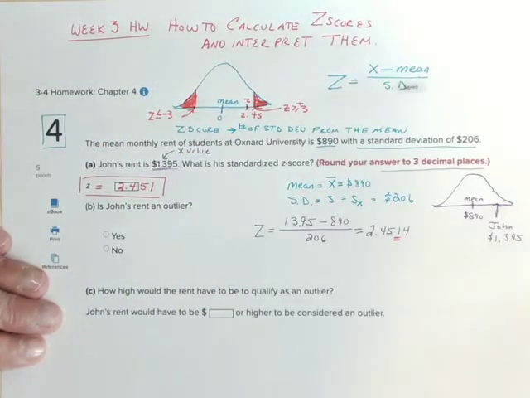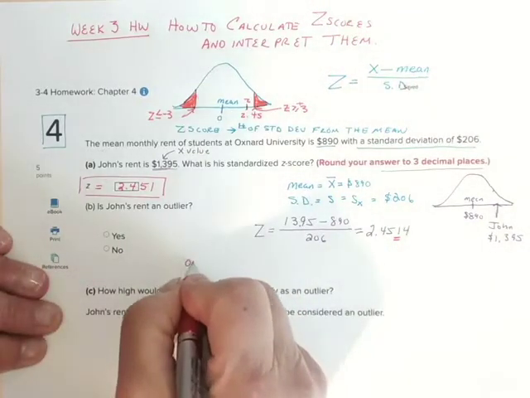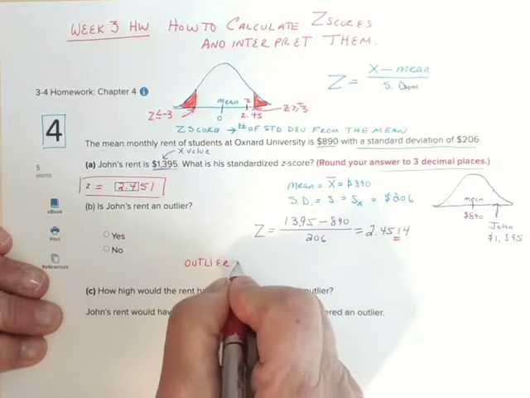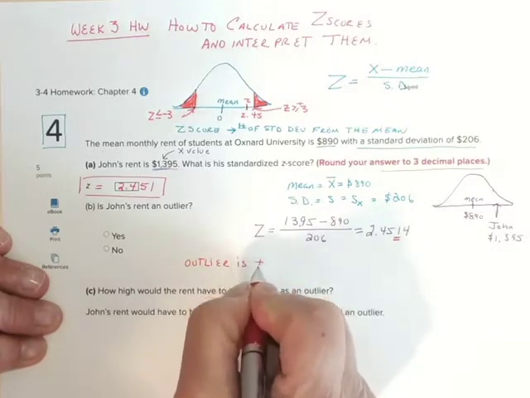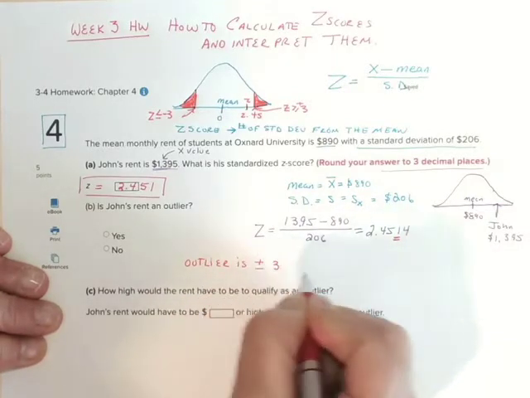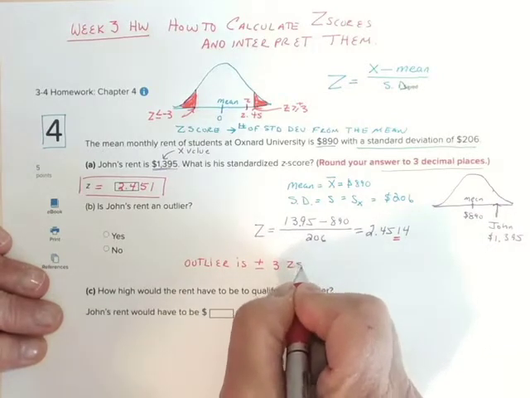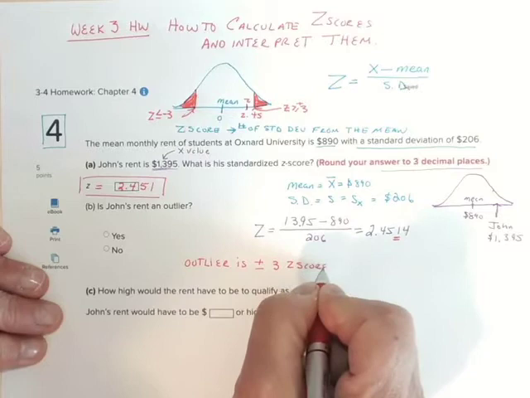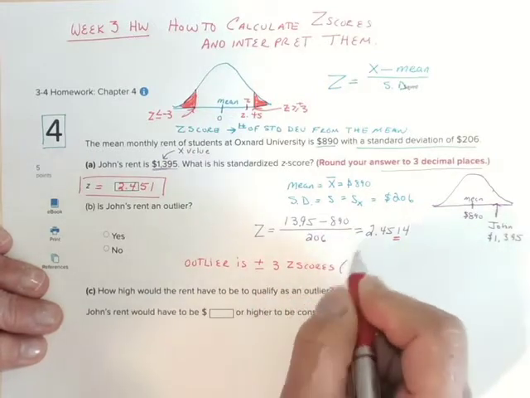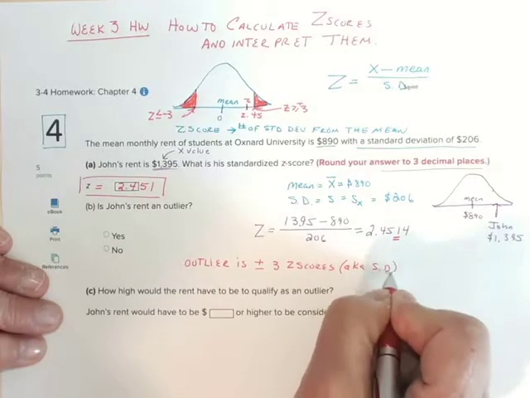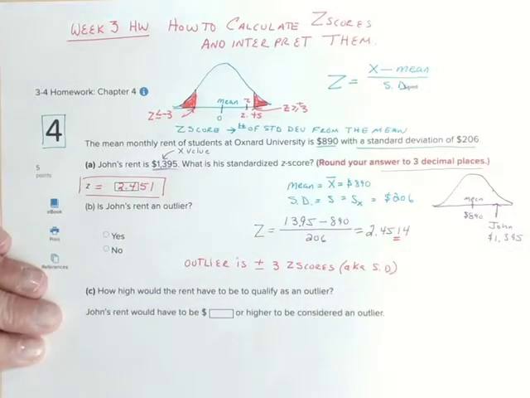So an outlier is plus or minus 3 z-scores, also known as standard deviations from the mean.